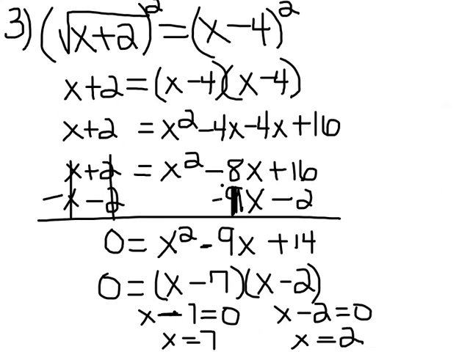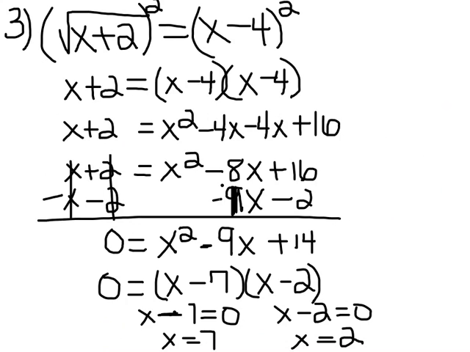Now we do need to check both of our answers by plugging our answers into our original equation. This is a must for this type of equation because one of these answers or both of these answers may not work. We may have done everything correctly, but one of them may not work.